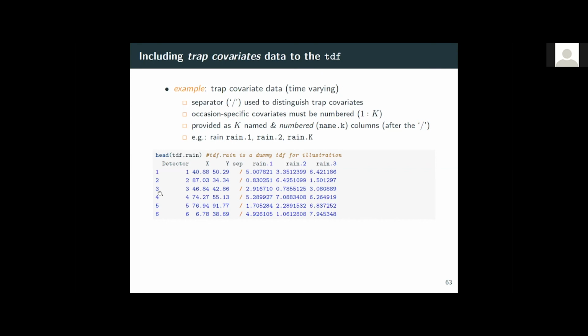The thing we have to know is that we need to keep the names the same. So they're all called rain, but they need to be indexed by which occasion they are. So rain.1, data to oSCR is going to know that is the rain variable for these traps for occasion 1, .2 for occasion 2, .3 for occasion 3. If you had 100 occasions, it'd be 100 of these columns.